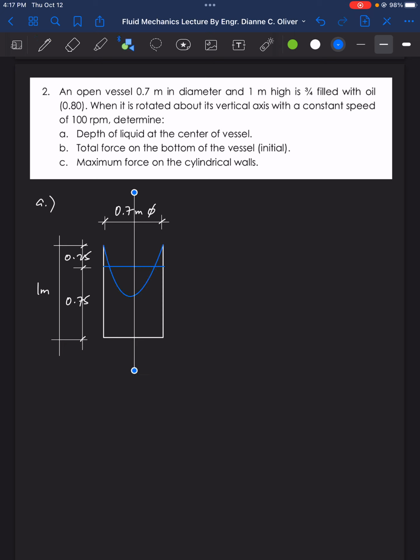Having the height of this parabola, we will be able to find y. Let's name the y as the depth of liquid at the center of the vessel.